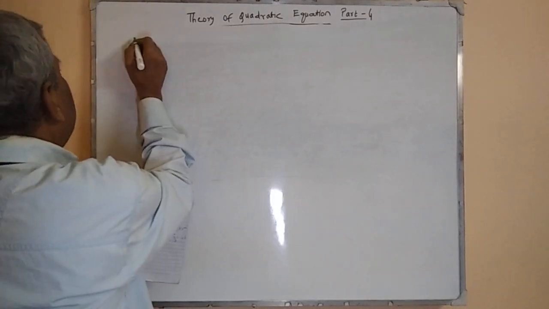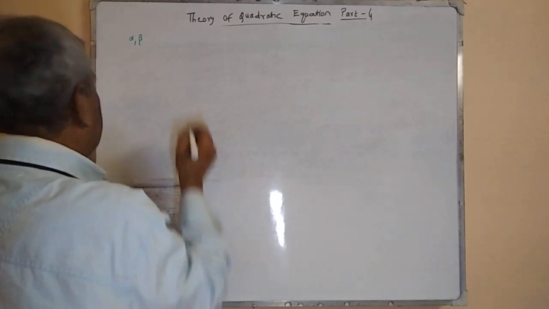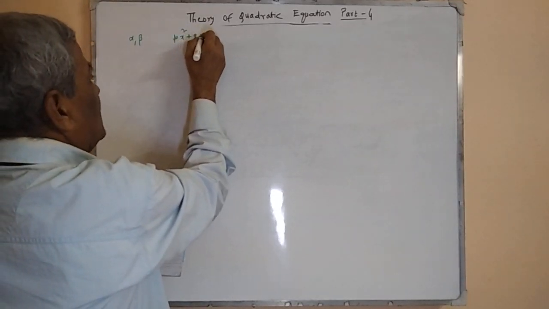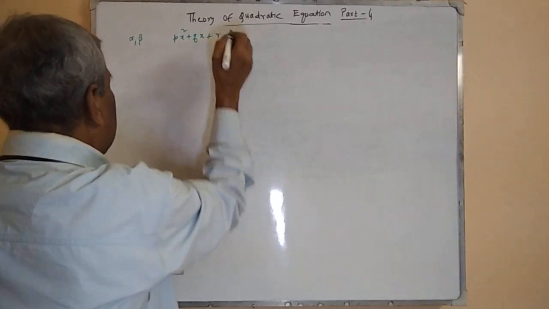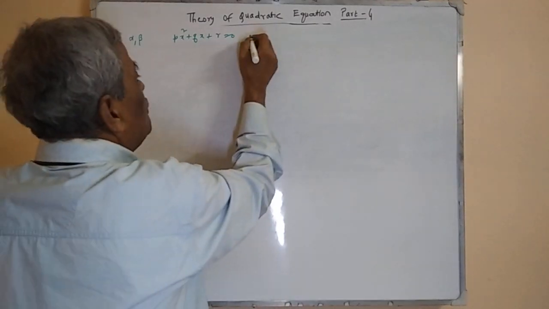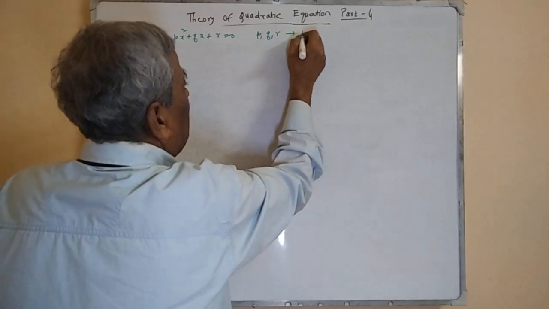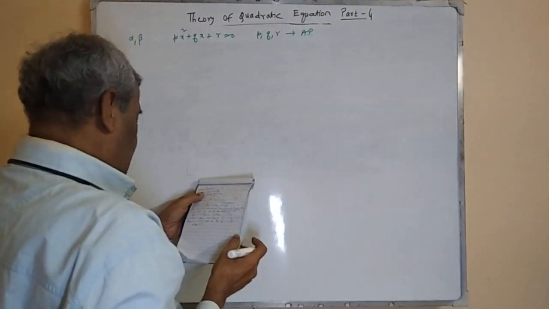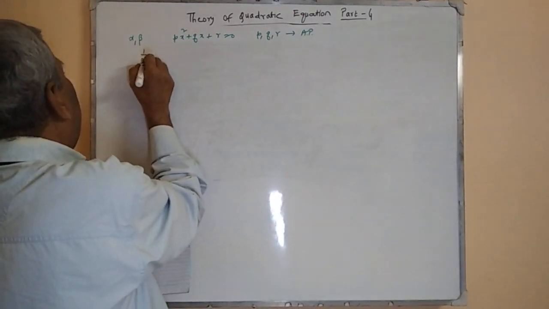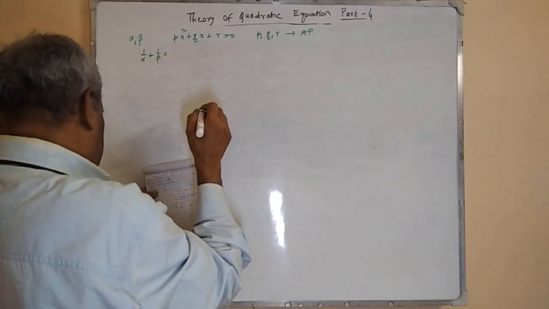if alpha, beta are roots of px square plus qx plus r is equal to 0, and p, q, r are in AP, and 1 by alpha plus 1 by beta is equal to 4.